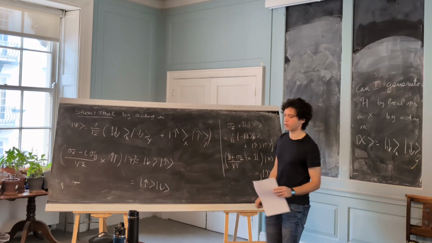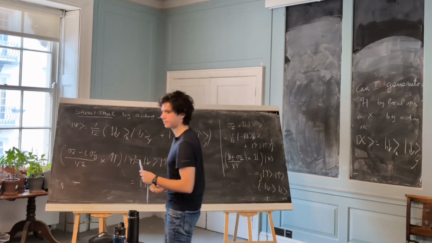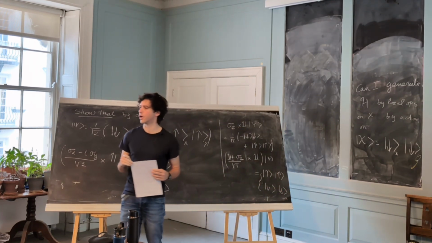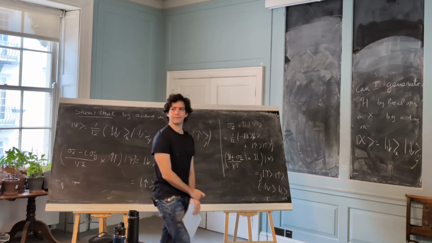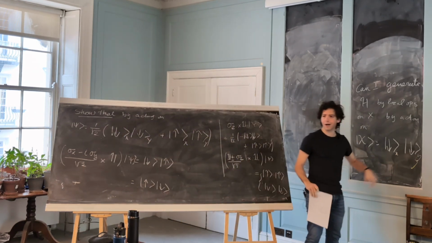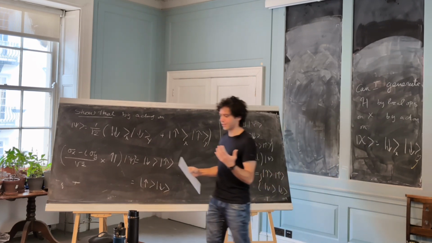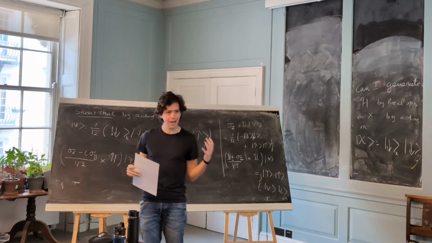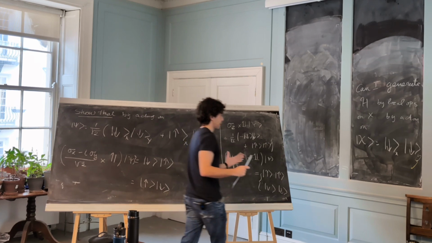Is it possible to generate the whole Hilbert space by acting on this? No. Why not? Nothing you can do gets y to up. So if you act locally on x, there's no hope of ever generating the Hilbert space.